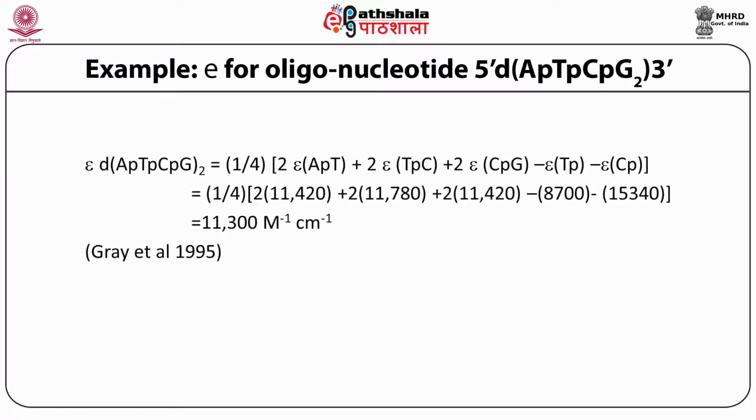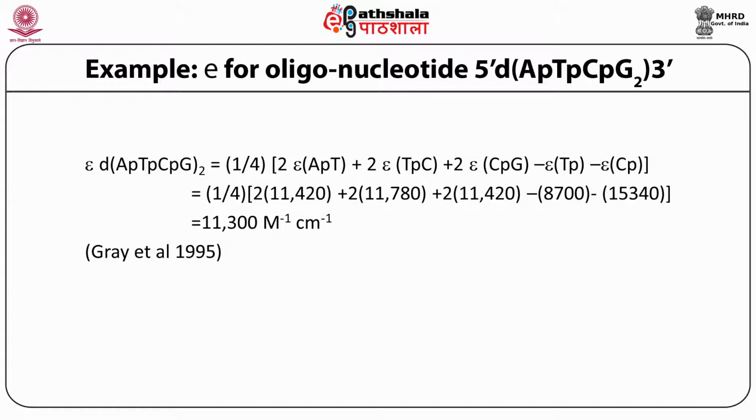We give here a typical example of calculation of epsilon, the molecular extinction coefficient, for the nucleotide sequence 5'-d(ATCG) duplex. The calculation goes like that. Epsilon ATCG equals 1/4 of 2 epsilon ApT plus 2 epsilon TpC, all pairs we take into consideration, plus 2 epsilon CpG.